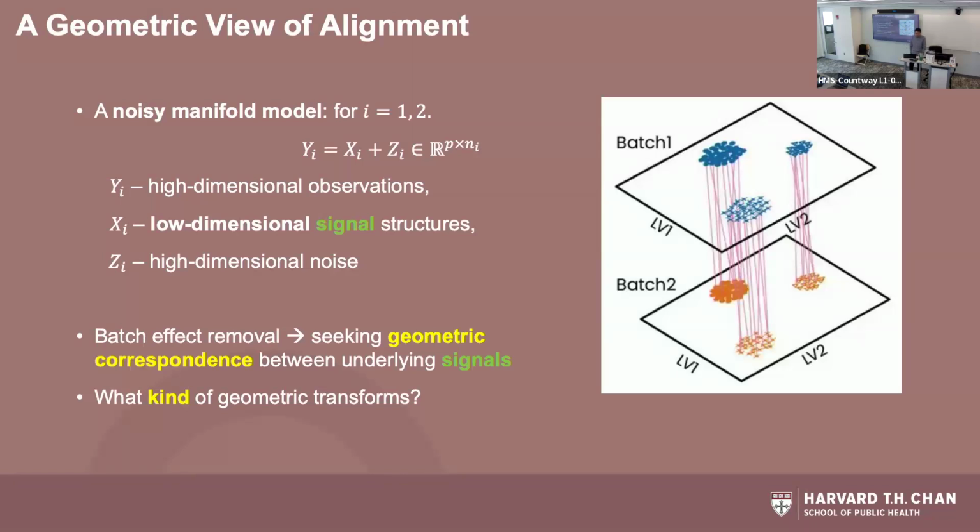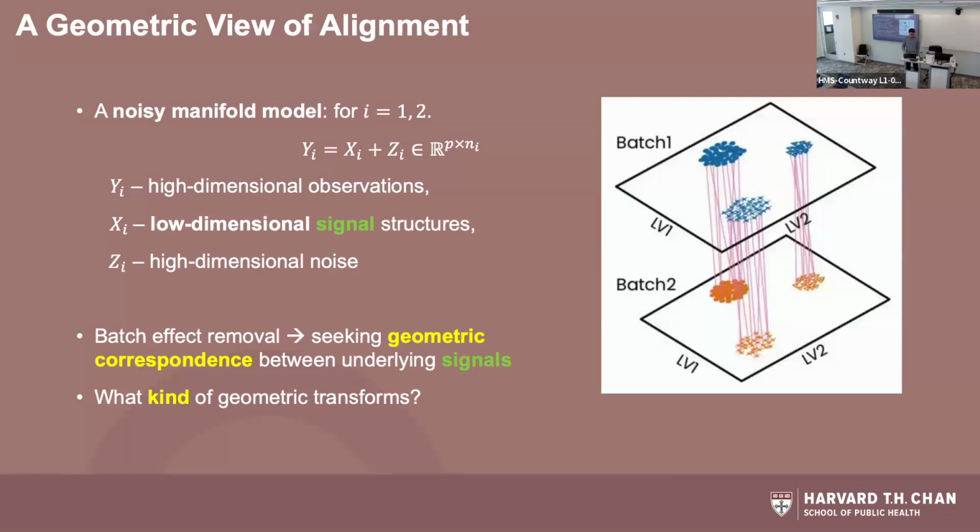Now in this case, what the batch effect means would be that there is some correspondence between the underlying signal matrices Xi's. And the question is, what kind of transformations are allowed to model the batch effect between two data sets?